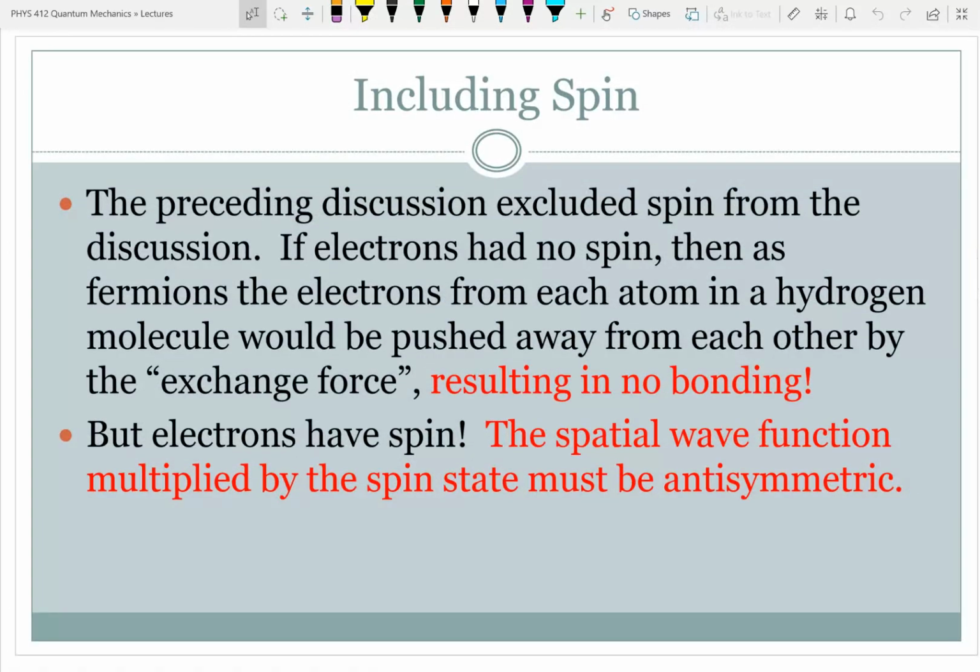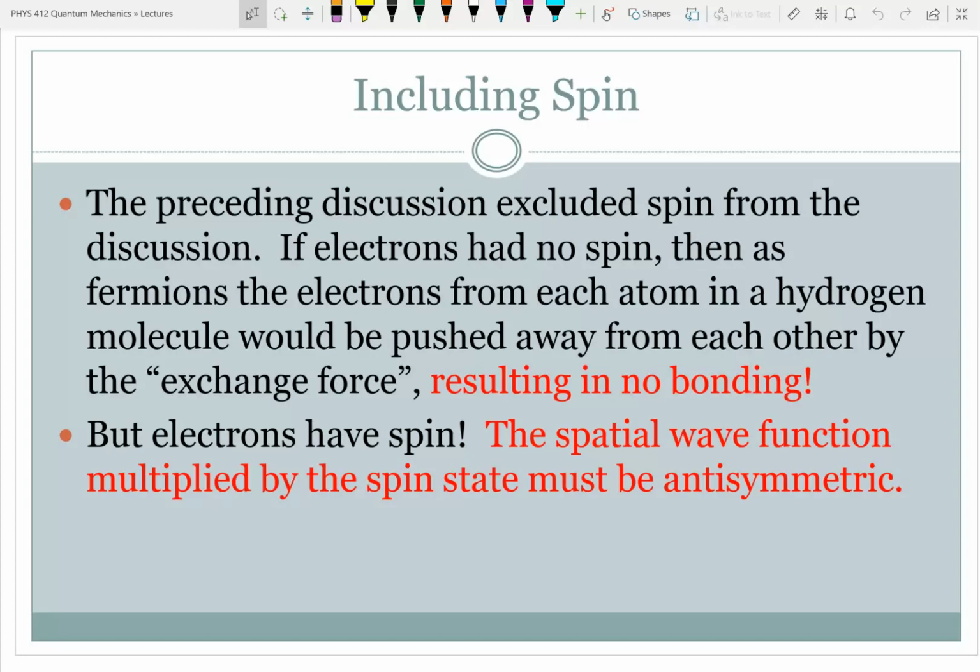What we did not talk about when we were talking about the symmetry, anti-symmetry, is the spin state. We saw that the Pauli exclusion principle applies if we have fermions, but it applies if we have a total anti-symmetric wave function.